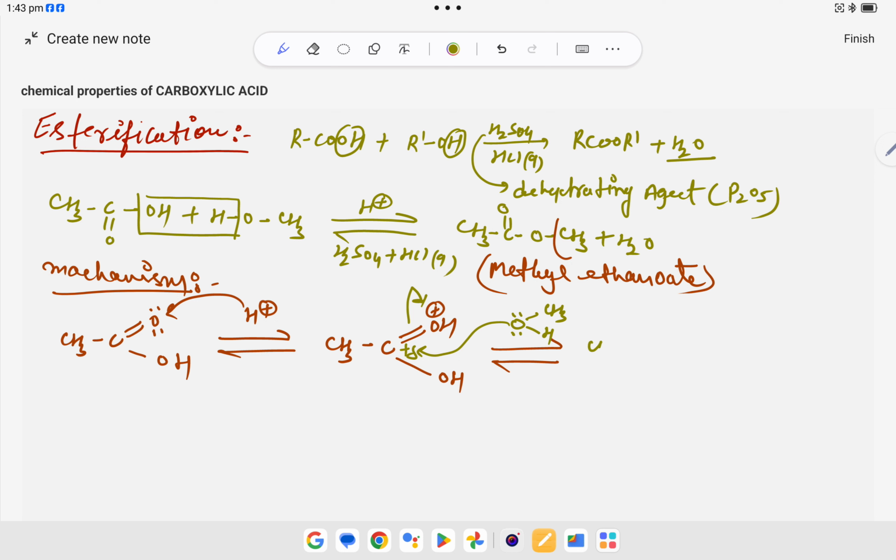So what we are getting now: CH3 C OH, one more OH and O, oxygen with a positive sign, then CH3 and one H. Then H plus transfer. Here we are having a lone pair, so that H will transfer here, and these electrons shift here.